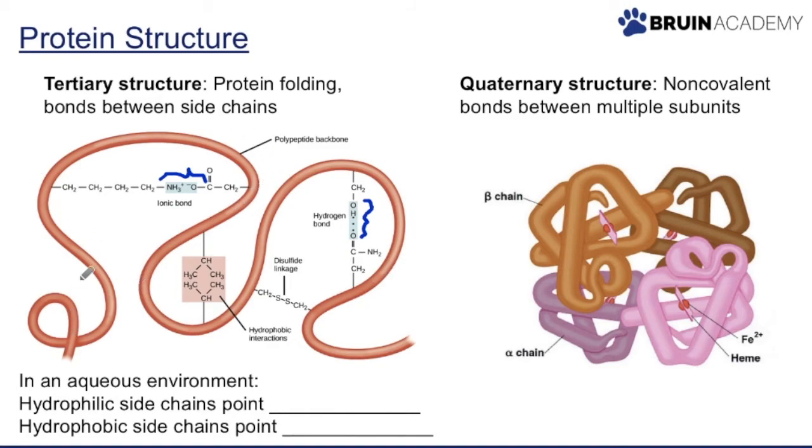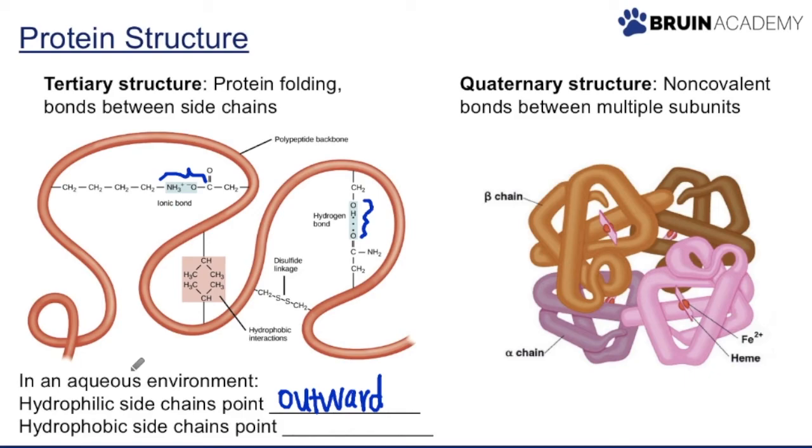It's looking almost 3D. In an aqueous environment, the hydrophilic side chains will point outward, and this is a really important concept to know because the polarity of the side chain affects the folding of the molecule. An aqueous environment means that there's water in it.